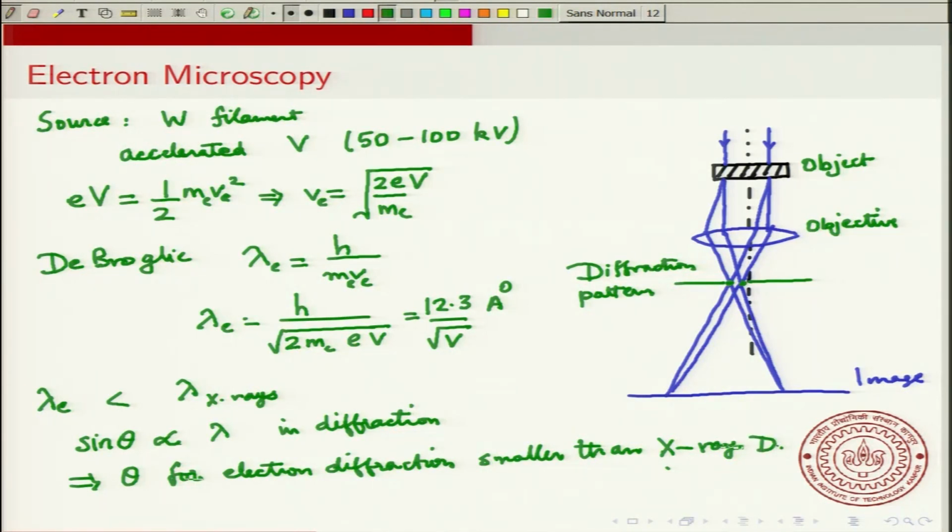Basically, the angle theta is much smaller. So electrons are scattered to a much smaller angle than X-rays.